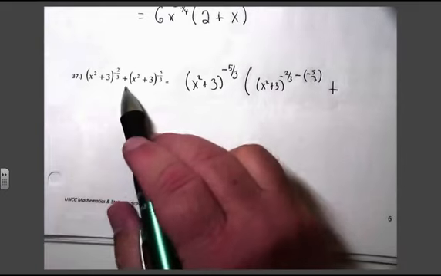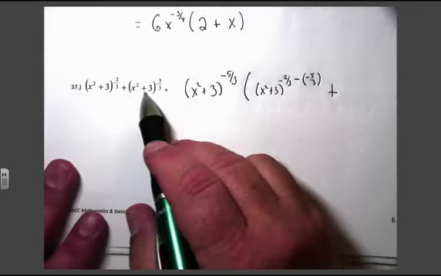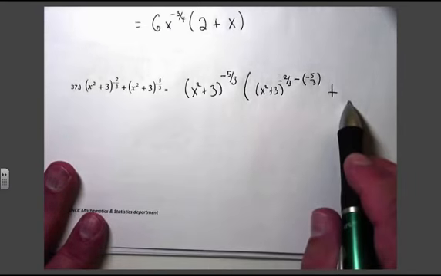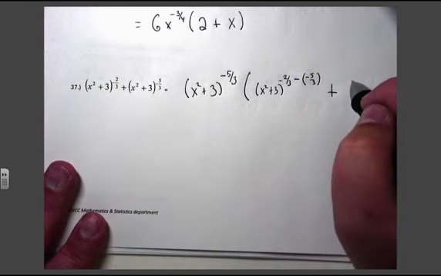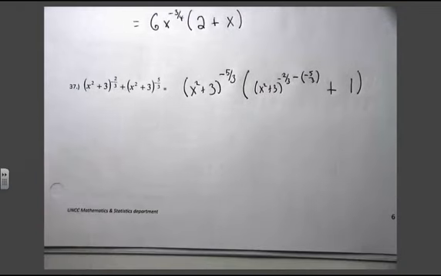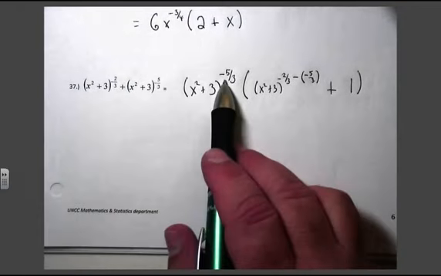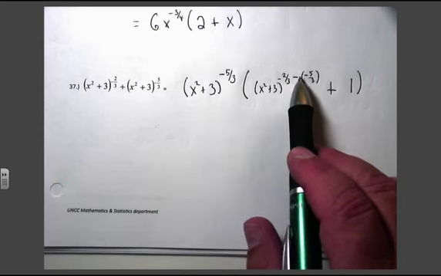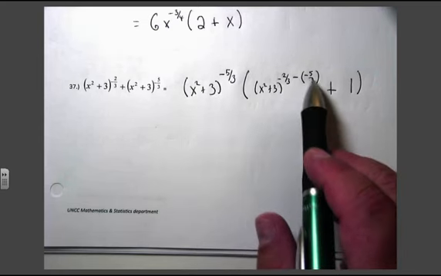Plus, what do I get when I have x squared plus 3 to the negative 5/3 and I factored it out? What do I have for a placeholder right here when you pull out the whole darn thing? What do I get? 1 for a placeholder, because when I distribute, I should be back to where I started from. But remember, when you factor out that negative exponent, it'll be the other dude, same dude, but you have to subtract because you're dividing out that negative exponent.